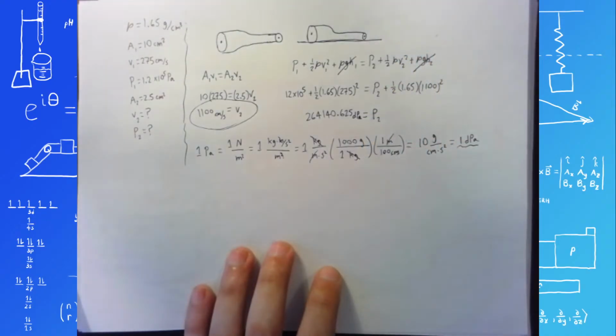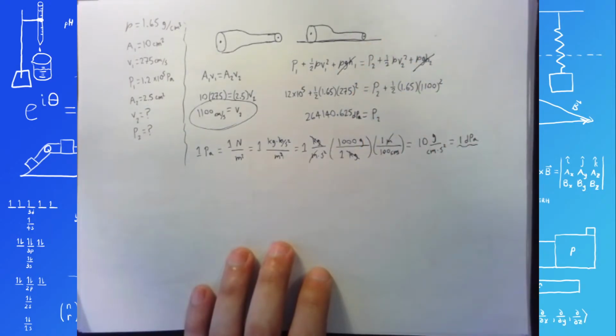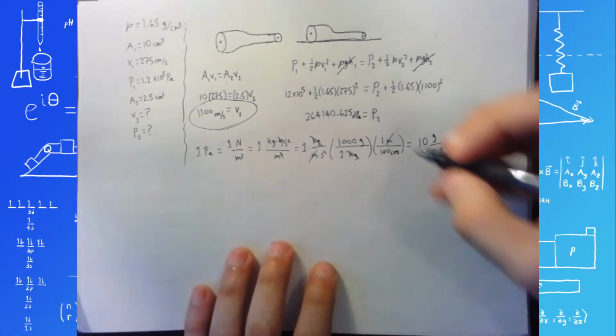If I want to convert this back into pascals, then I would simply move the decimal one space to the left, and that's going to be 26,414.0625 pascals.